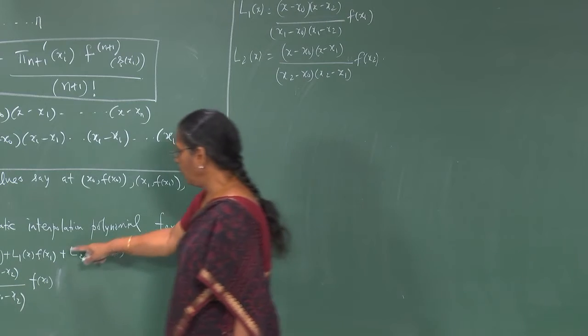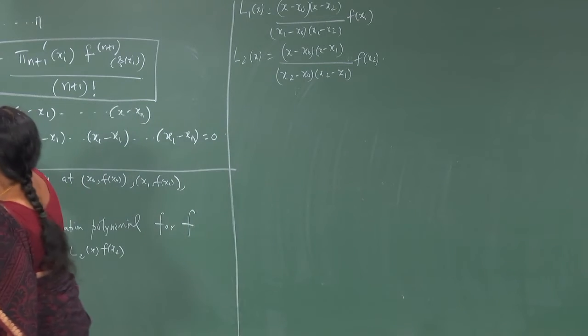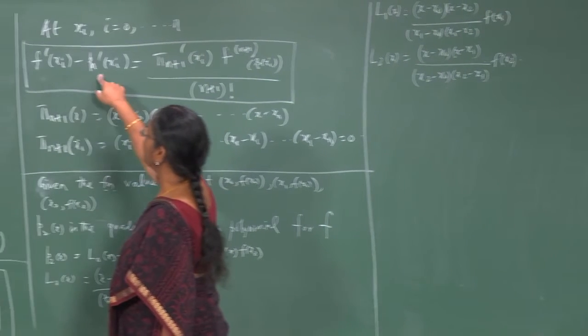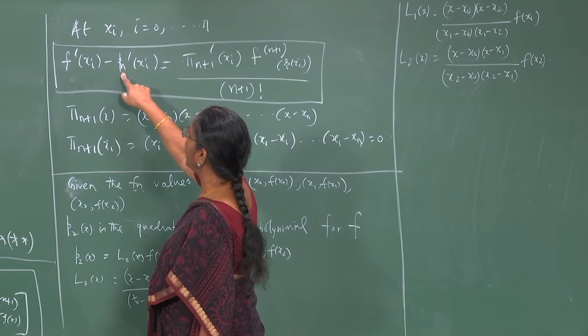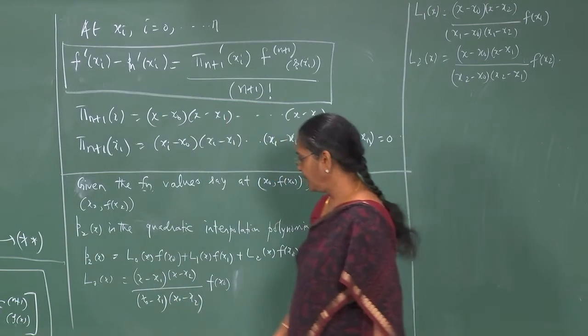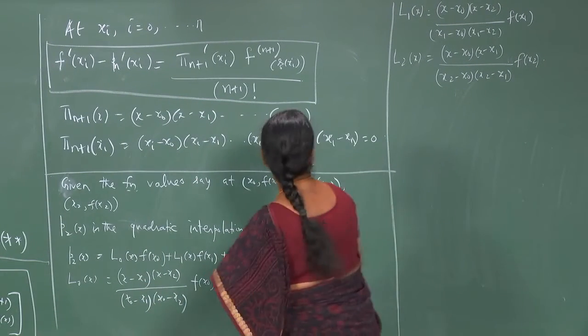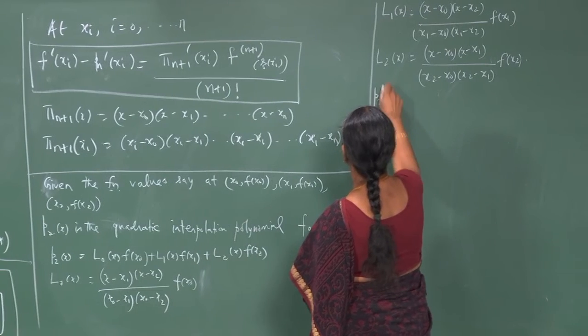So, in order to estimate this, we now require P2 dashed at each of the xi. So, we write down the expression for P2 dashed.